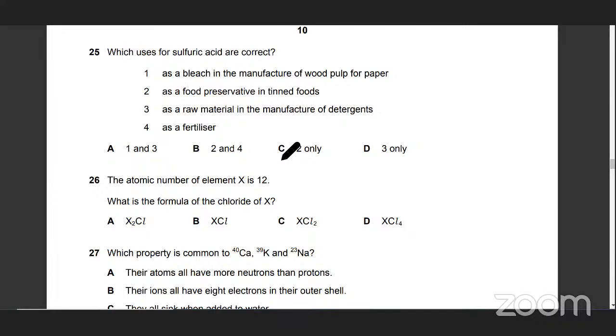Third one only. अच्छा, the third one, as a raw material in the manufacture of detergents. ठीक है. 1 or 2 क्यों नहीं correct? Because it's sulfur dioxide. ठीक है, ये दोनों सल्फर डाइऑक्साइड की होती हैं, not for sulfuric acid. So 3 only, 3 बचता है. फिर 1 2 निकाल दो तो पहले 3 ऑप्शंस तो चले जाते हैं, तो थर्ड बचता है खाली.